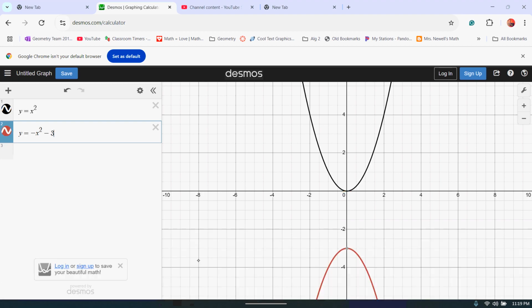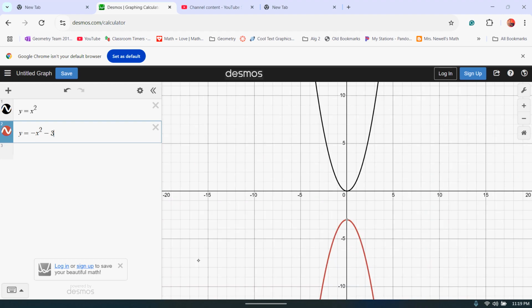Okay, so like this. Oh yeah, you can see it. Remember, you can zoom in or you can zoom out. So I can see it has the same shape, but it just flipped. It flipped, and it is now going down. The vertex is going up.